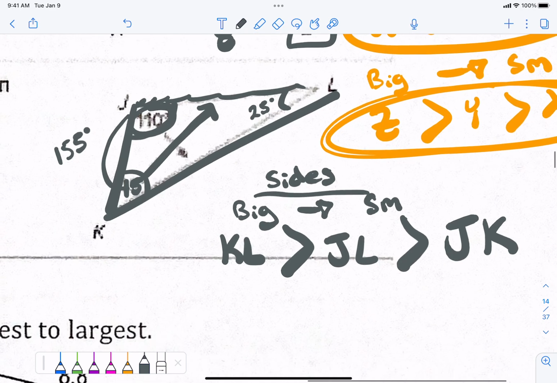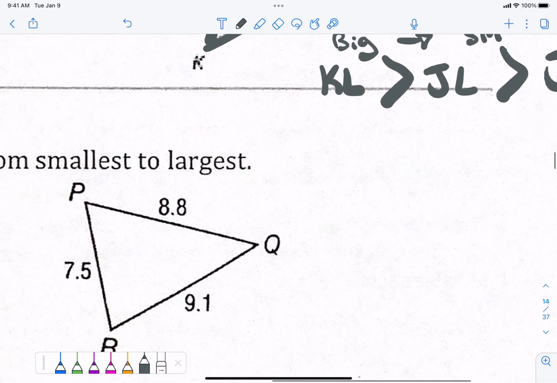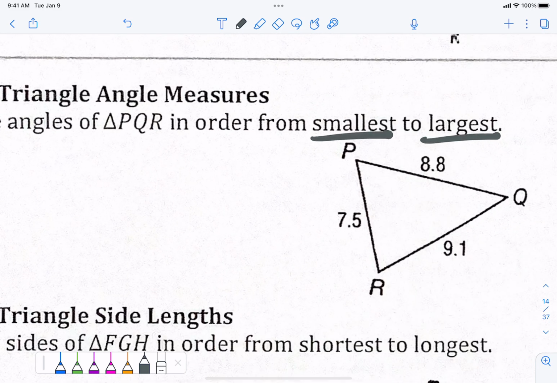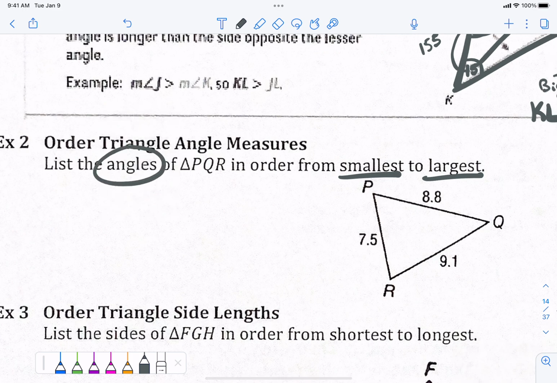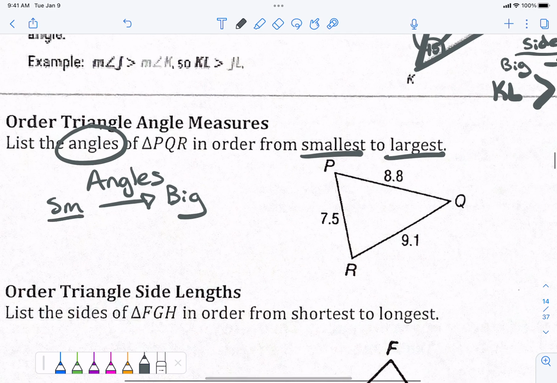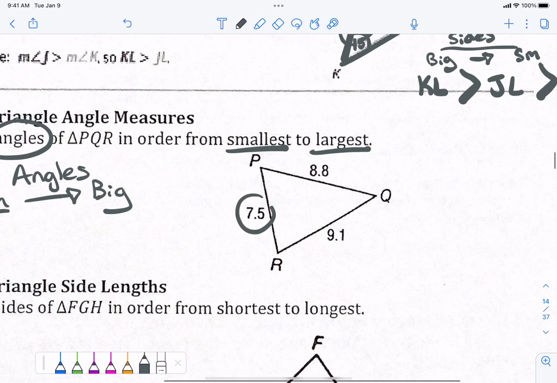All right, let's go down and do the last 3 problems, and then we'll do some on your homework together, okay? Here we go. Make sure you pay attention to what we're wanting. Smallest to largest, and we're labeling the angles. So we want angles small to big. Okay, so we have the sides. The smallest angle is going to be opposite the smallest side.